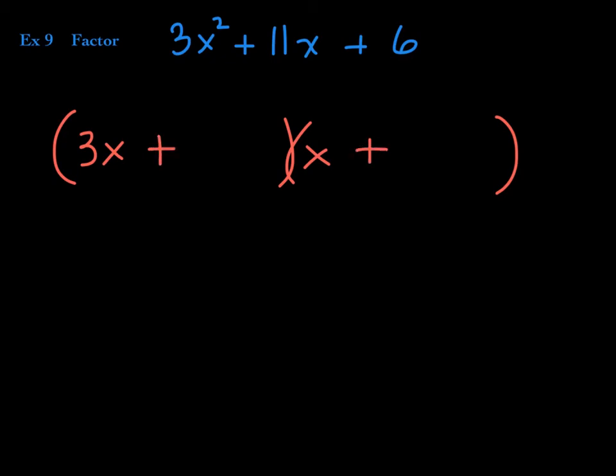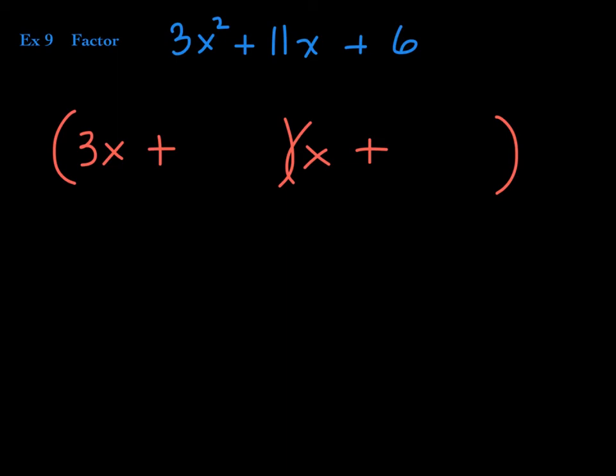Now, it's not as simple as thinking, okay, factors of 6 that add to 11. After all, that's impossible. Factors of 6 are 1 and 6, that adds to 7. Factors of 6 are 2 and 3, and 2 plus 3 is 5. So it's impossible to find factors of 6 that add to 11. That's not how we're thinking any longer, because the leading coefficient is not 1.